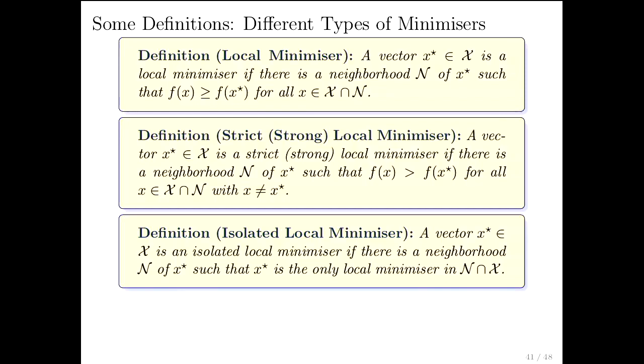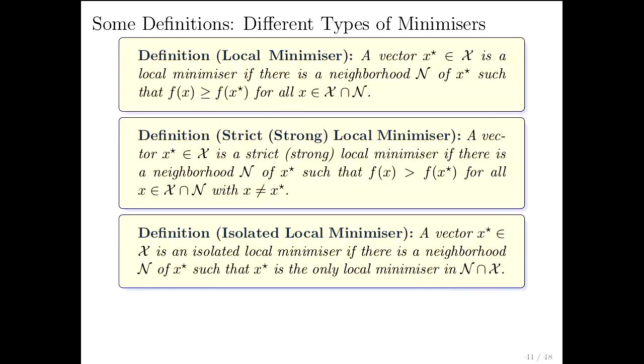Then we have the idea of the strict local minimizer. We call X star a strict local minimizer if, again, we have a neighborhood and the value of the function at X star is strictly less than everything else in its vicinity. The other one had less than or equal.